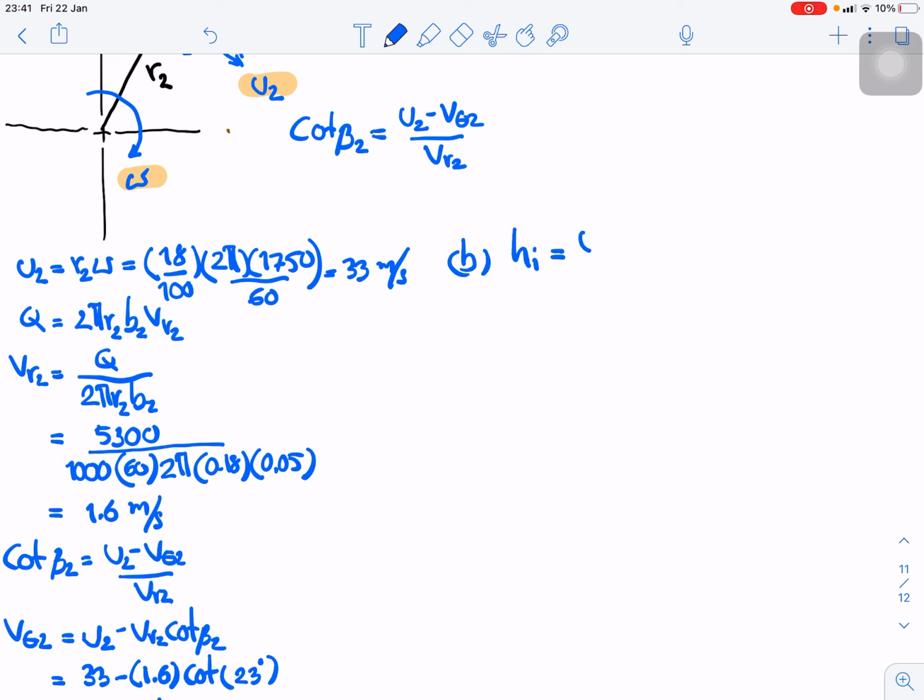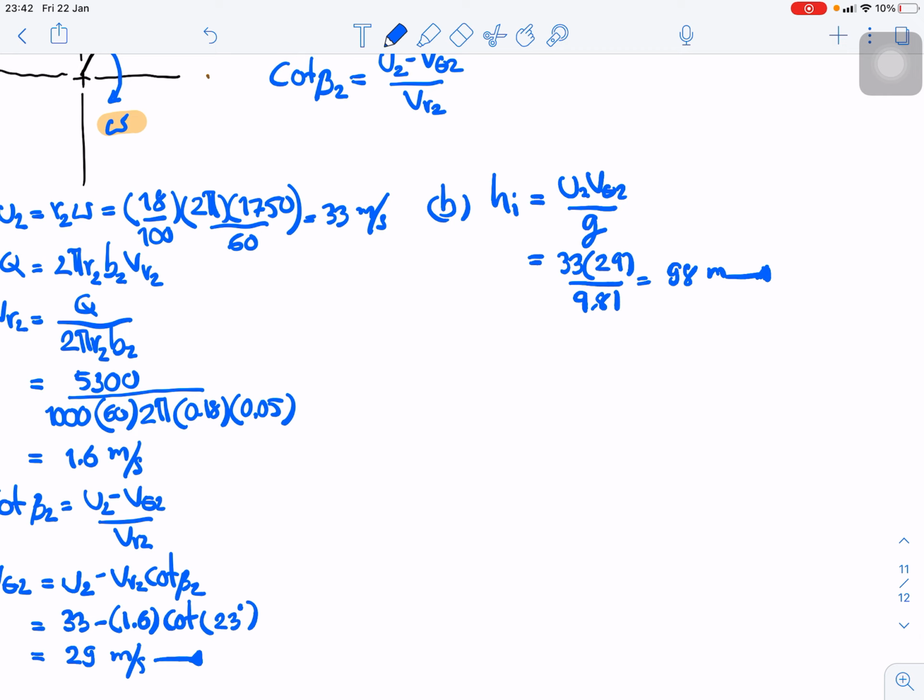For the head rise, from u2 times v theta 2 divided by g. So the ideal head rise is 98 meters from equation 15.